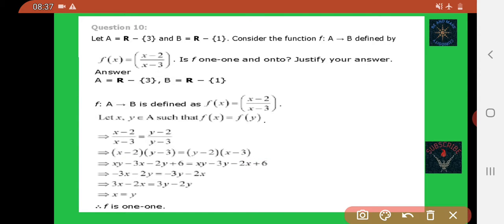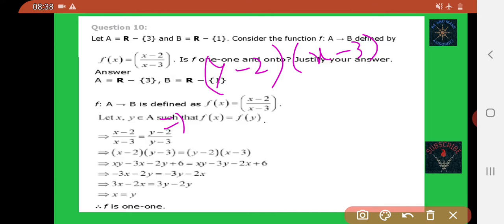Okay, now you multiply the left side: x into y, xy; x into minus 3, minus 3x; then minus 2 into y, that is minus 2y; minus 2 into minus 3, that is plus 6. Okay, and the right side, (y minus 2) into (x minus 3).